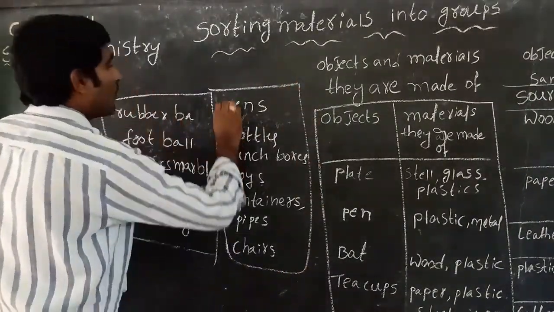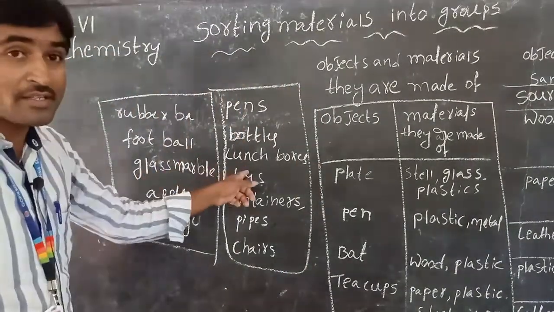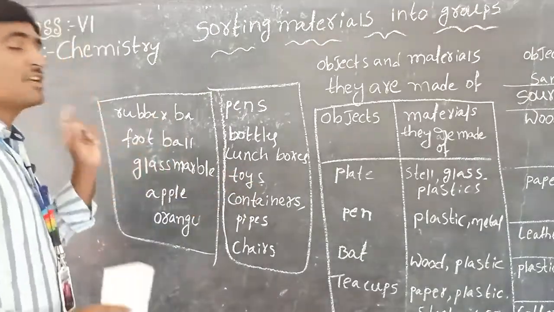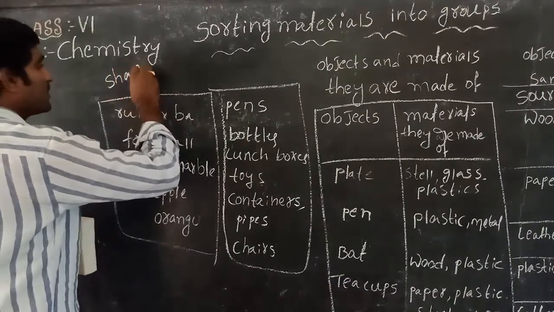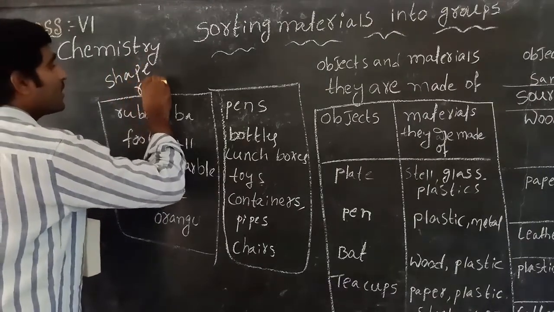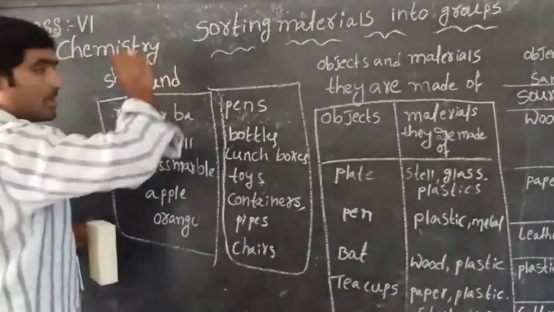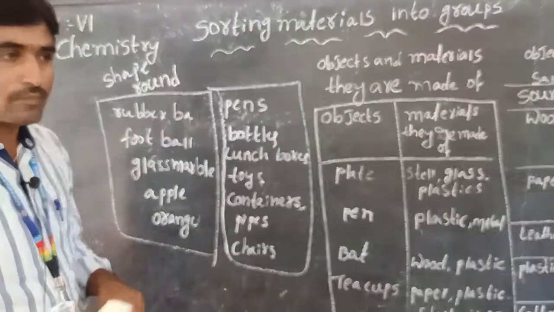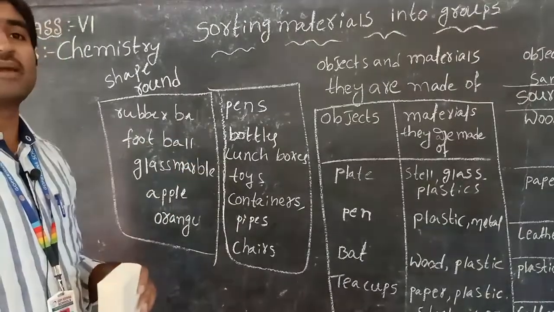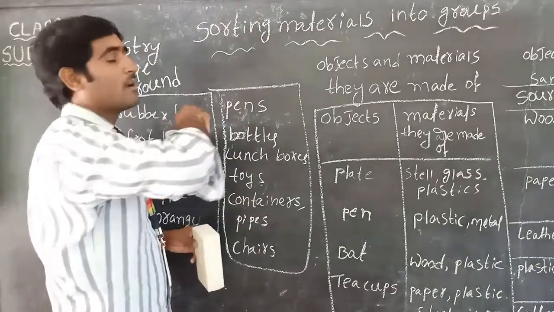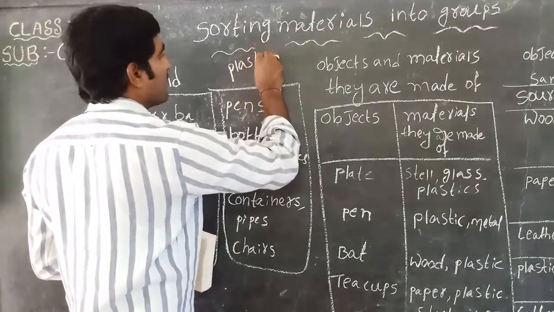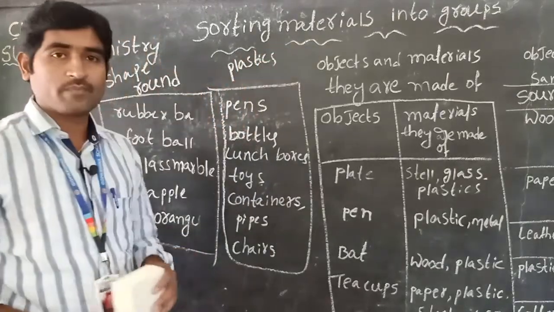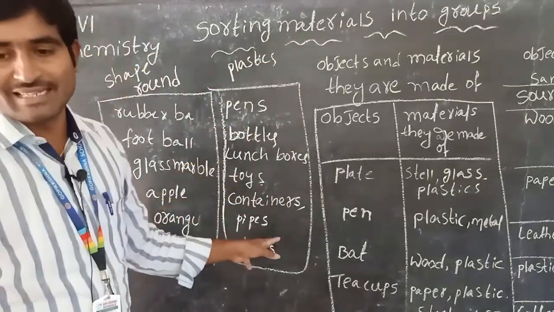The first list is based upon the shape of the objects, which are round or nearly round. The second list is made depending upon the materials which are made up of plastics. Based upon these two, we made two lists.